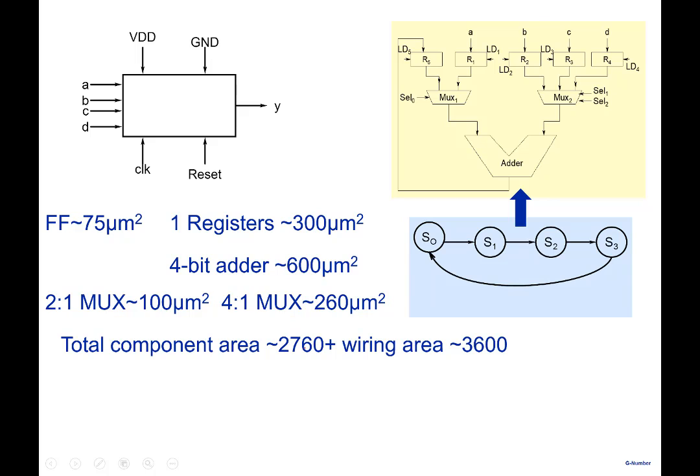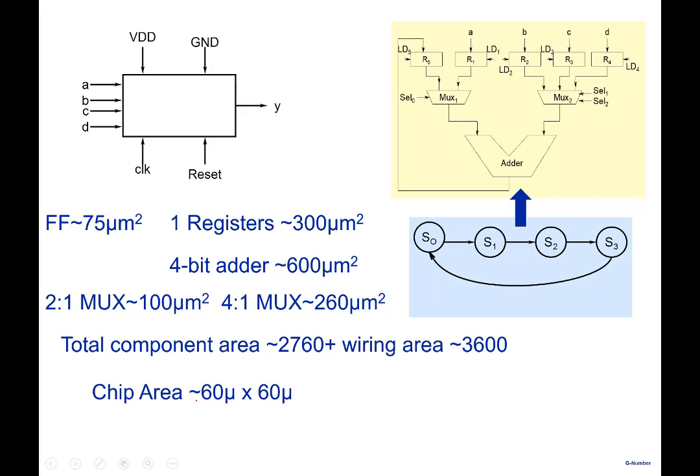It adds up to about 2760 micron square. And note that the eventual area occupied would be not just the blocks, but we need area for wiring also. We don't have an estimate of wiring area right now, so we put some number here, another 1,000 or so micron square for wiring, so it comes out to be 3,600 micron square here. All right.